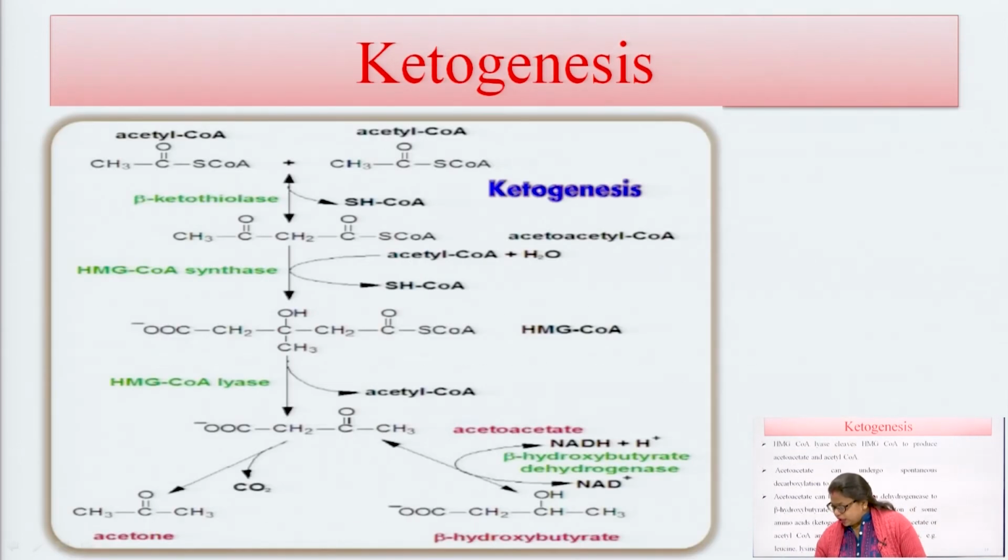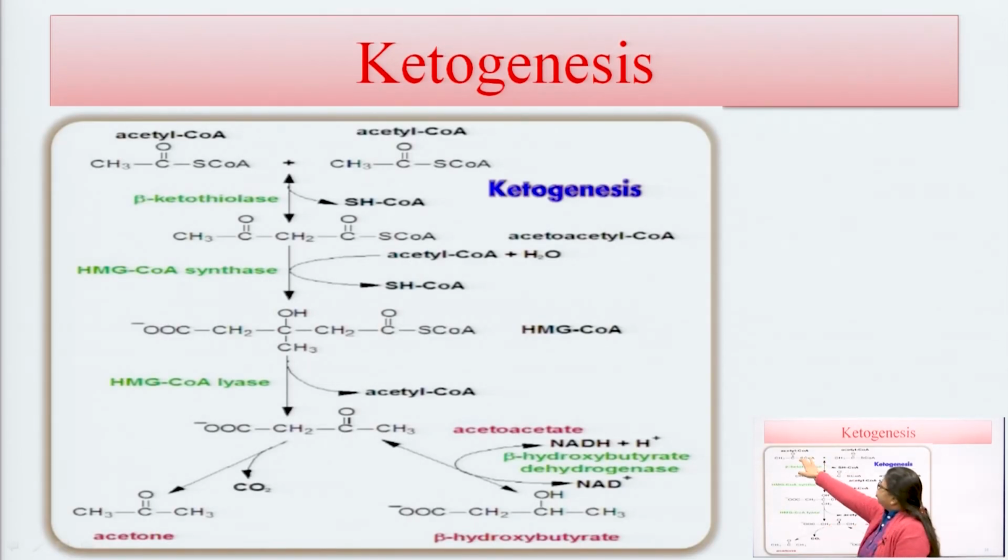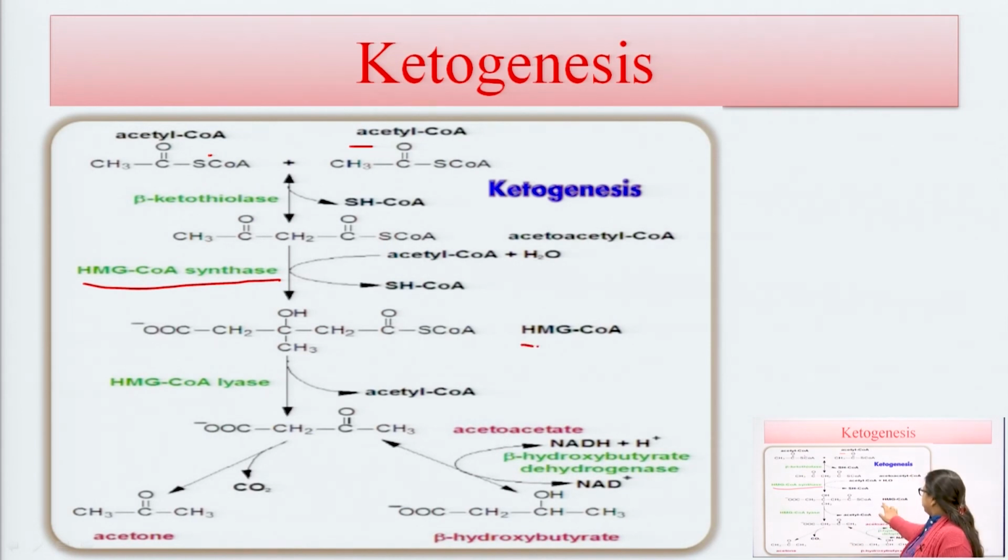In this step, 2 molecules of acetyl coenzyme A, produced in fatty acid oxidation, react in the presence of the beta keto thiolase enzyme, with removal of one coenzyme A, to form HMG coenzyme A. In the presence of HMG coenzyme A synthase, acetyl coenzyme A and a water molecule are used in the reaction, with removal of one coenzyme A, to form HMG coenzyme A.